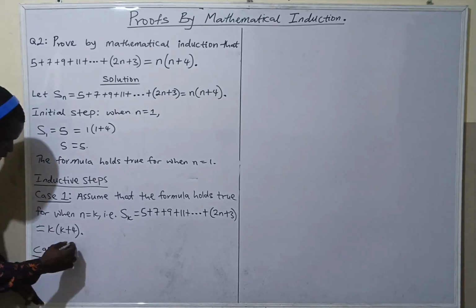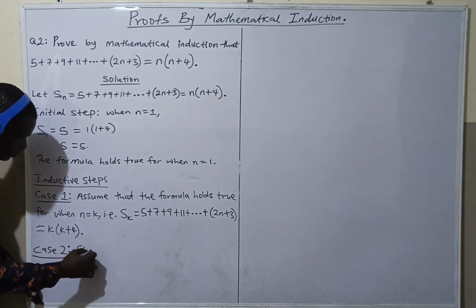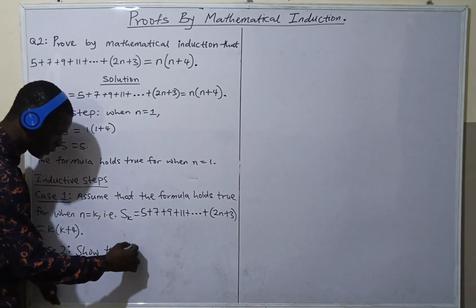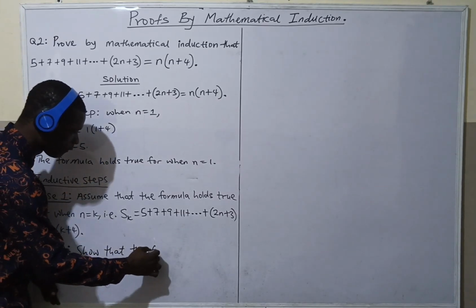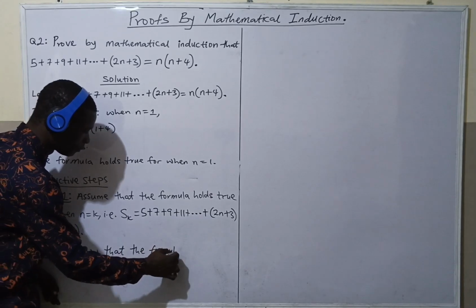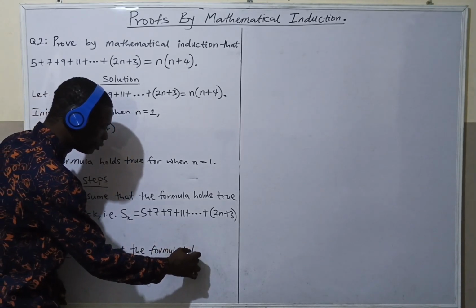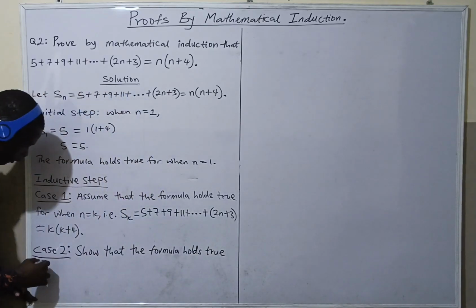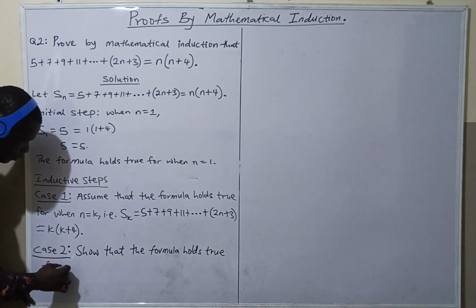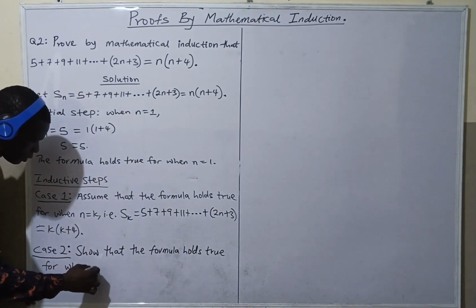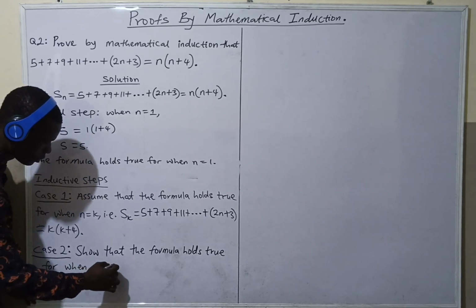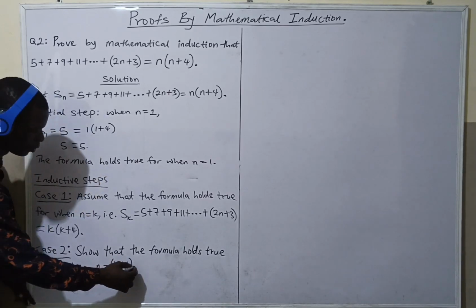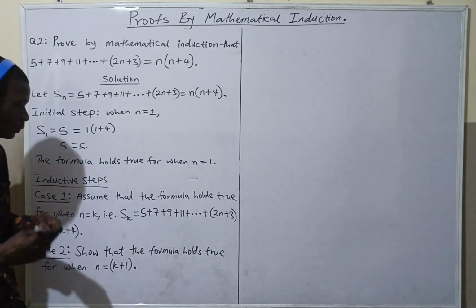And the case 2 is where we show that the formula holds true for when n is equals to k plus 1. Then that's what we want to show, that the formula was true.